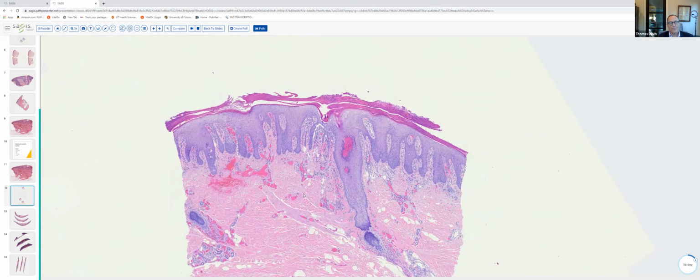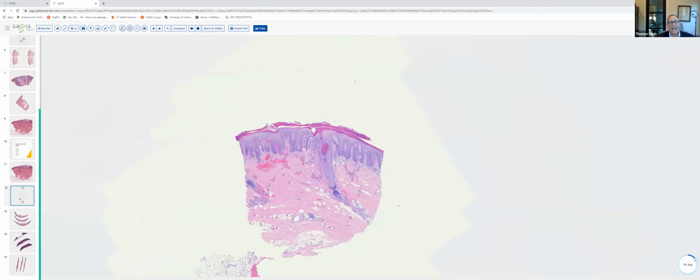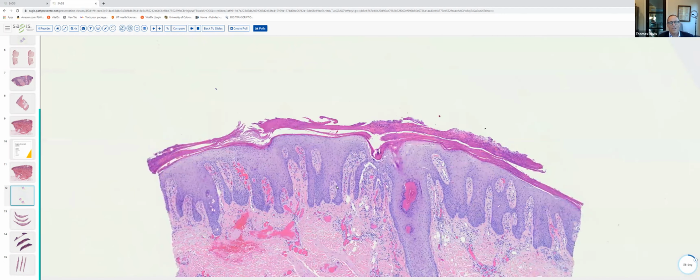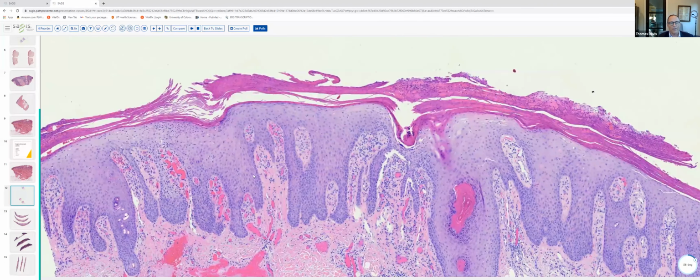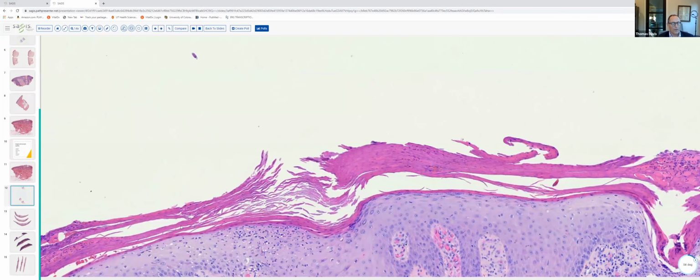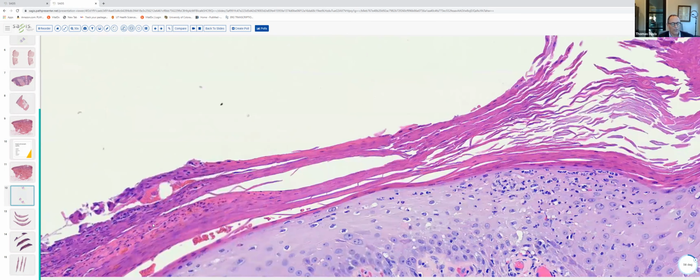This particular specimen, and I believe this was from the distal extremity, had everything that you need to make the diagnosis of psoriasis. Let's begin in the cornified layer. We have extensive, nearly confluent parakeratosis, and there are neutrophils within the foci of parakeratosis.